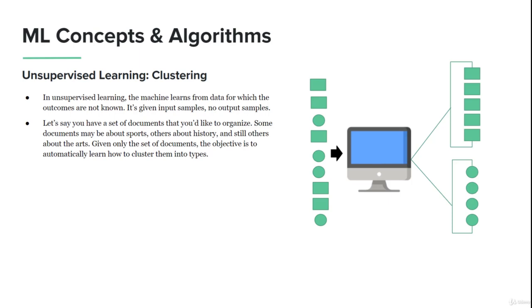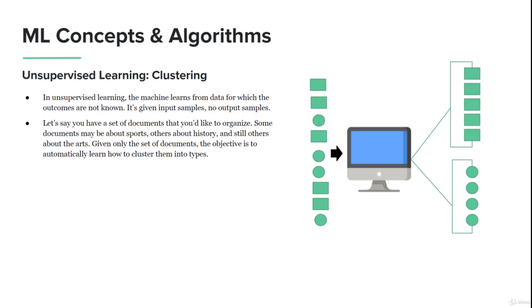So let's say you have a set of documents that you're looking to organize, right? Some documents may be about sports, other about history, others about different arts or games or whatever that may be, right? Given only the set of documents, the objective is to automatically learn how to cluster them into types. So let's say you have a bunch of squares, circles, and maybe you have triangles, maybe you have ovals or different types of shapes.